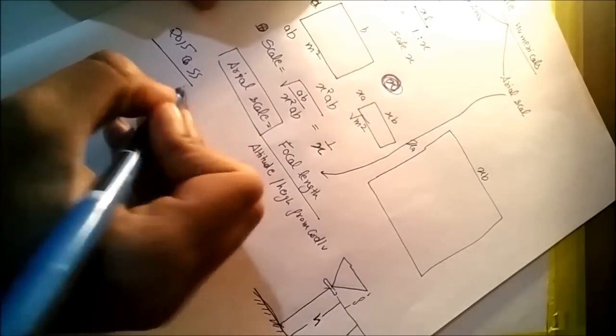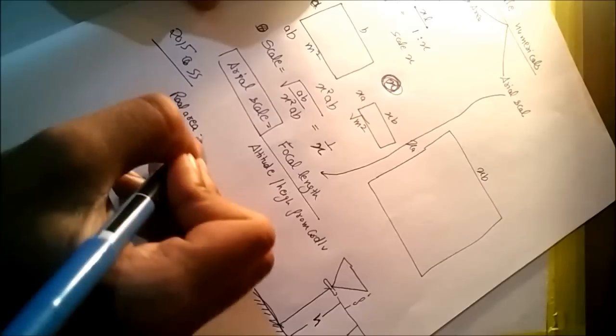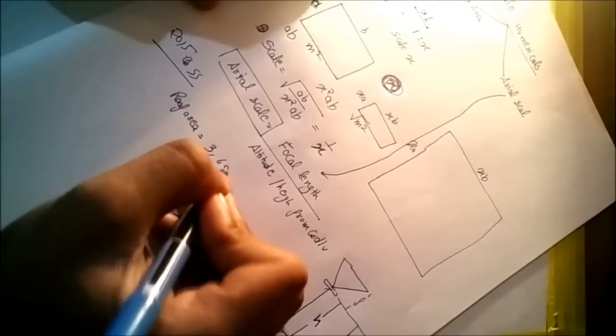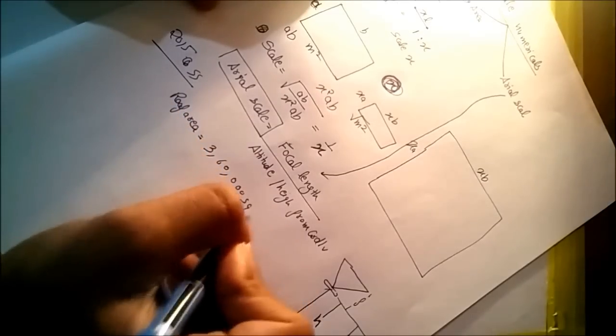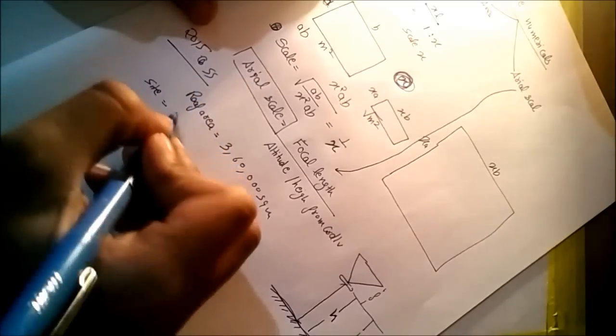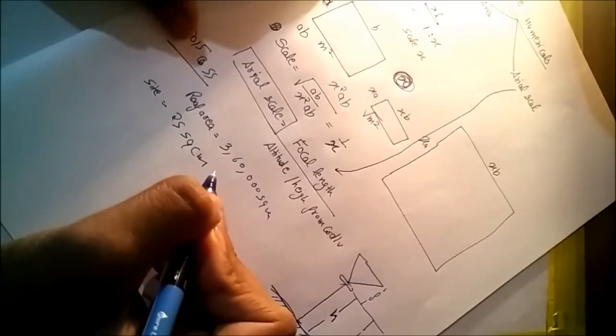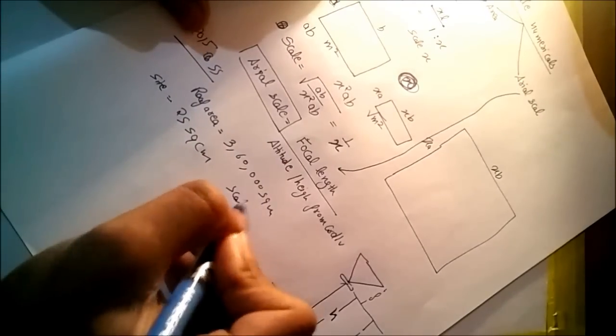The roof area of a building is given as 36 square meter, and on the site plan we make it into 25 square centimeter. They ask for the scale.